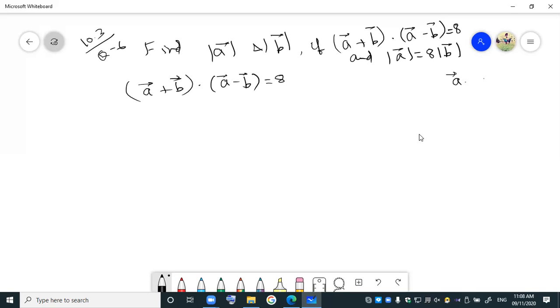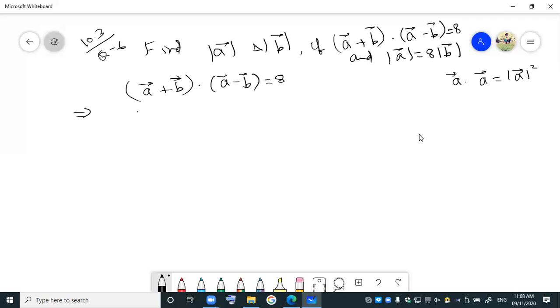A dot A is equal to magnitude of A square, because the angle will be 0, so cos 0 degree is equal to 1. So it will be equal to magnitude only. Now multiply. First you have to multiply this.